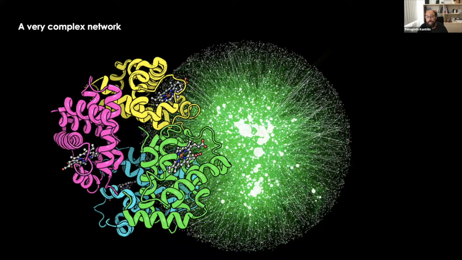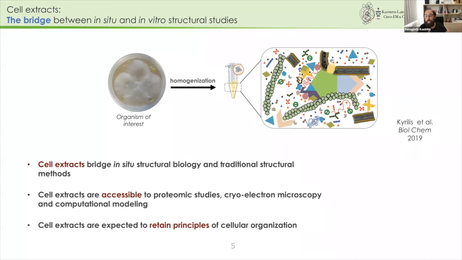What I am doing in the lab is something in between. I am trying to bridge this in situ structural biology and the traditional structural methods by studying cell extracts. So we have an organism of interest, we homogenize it, and then we take the cell extracts and we try to understand there what the architecture is.